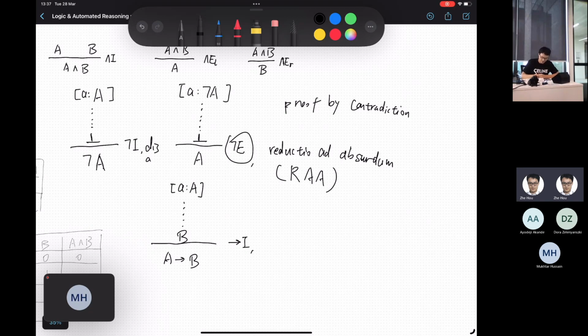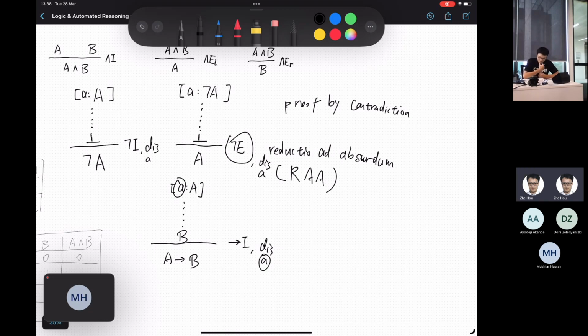So I just say discharge this A. We always call it A in those things, but in reality, they can be A1, A2, A4, B1, B2, B4, whatever you call them. So that lowercase a is just a name for that assumption. All right, so that's how you introduce implication. But what do you do if you want to eliminate implication?